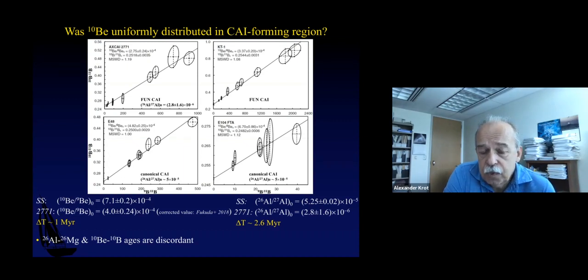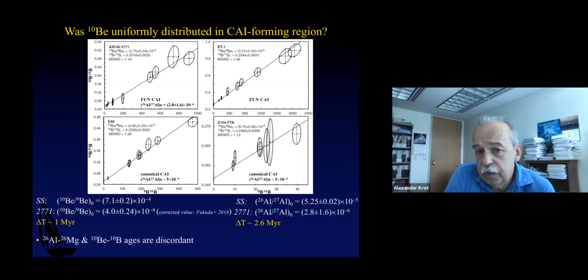And because we think, at least what Steve said, that the initial beryllium-10/beryllium-9 ratio in the solar system was 7 times 10 to the minus 4, if you know the initial ratio and the ratio in the CAI that we measured, you can calculate the time difference between formation of the CAI, or beryllium-boron fractionation, and the initial solar system ratio. For inclusion 2771, the time difference is about 1 million years.